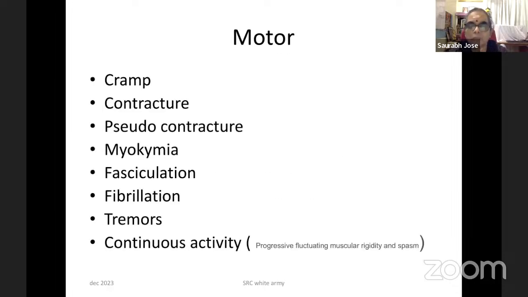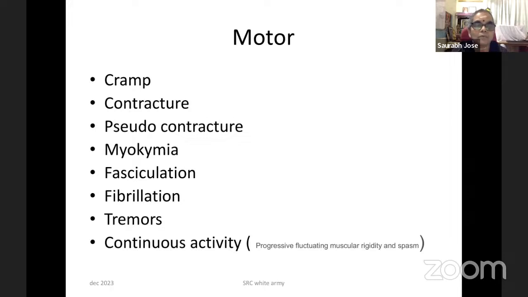Then motor, you have got a lot of irritative symptoms. One is cramp, second is contracture, pseudocontracture, myokymia, fasciculation, fibrillation, tremors, and continuous muscle fiber activity. So what is cramp?